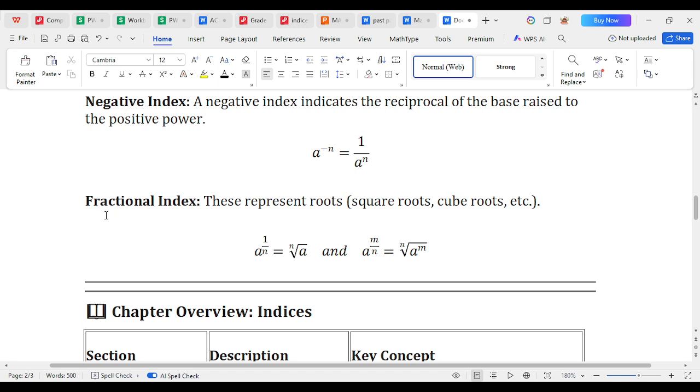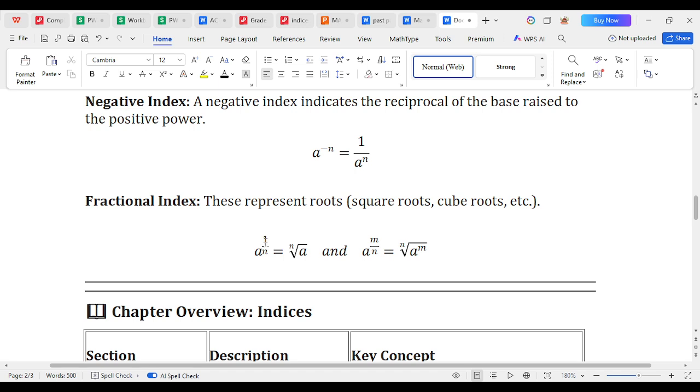We also have fractional indices. This one is the one that I want you to pay particular attention to, because this is where most students get it wrong. But it's very simple. Look at this. You are given a base with a fraction. So you have a to the power 1 over n. The 1 here, or the top number, always represents the power, and the lower one represents the root, be it the square root, the cube root, the fourth root, the fifth root, and so on, depending on the number that is below here.